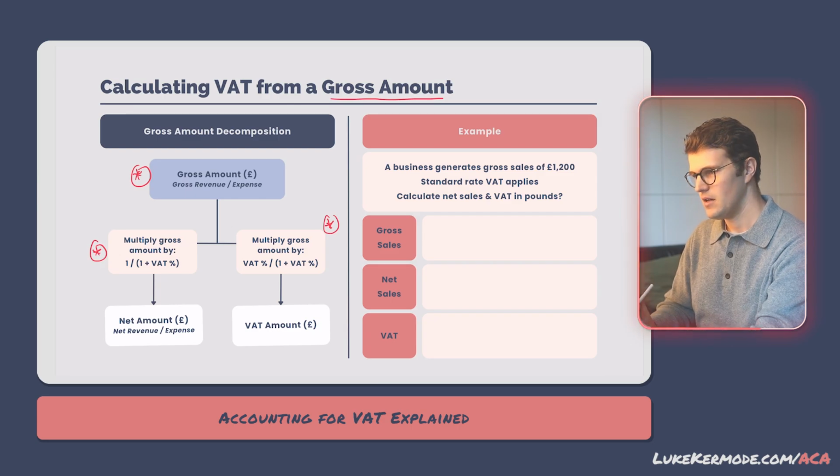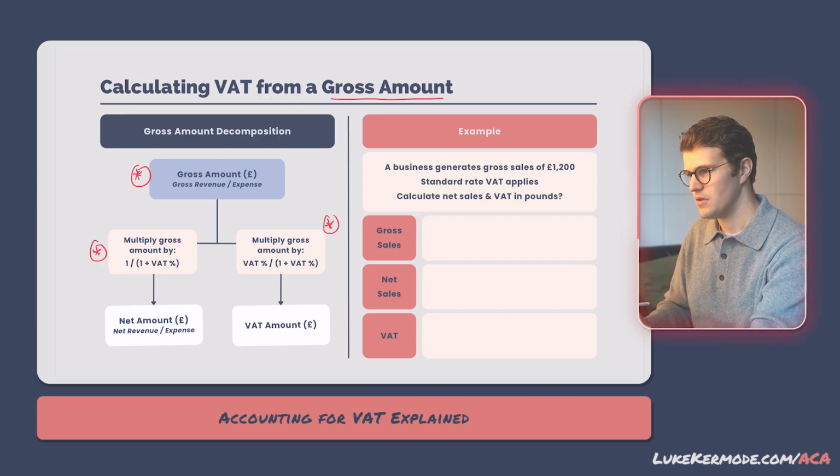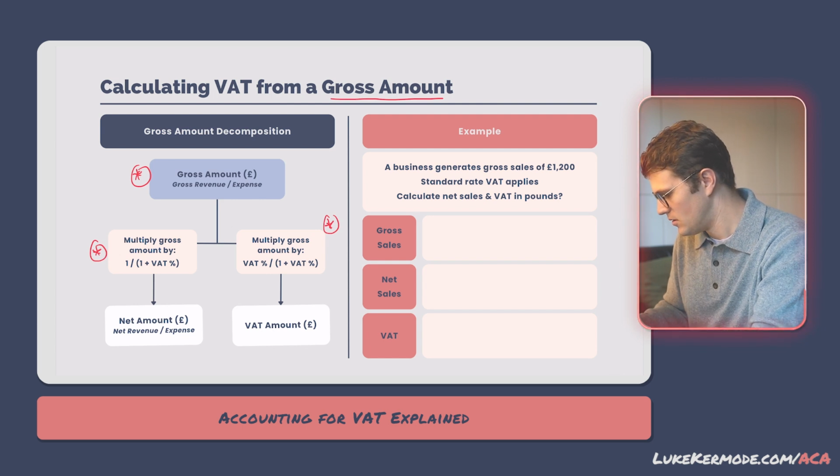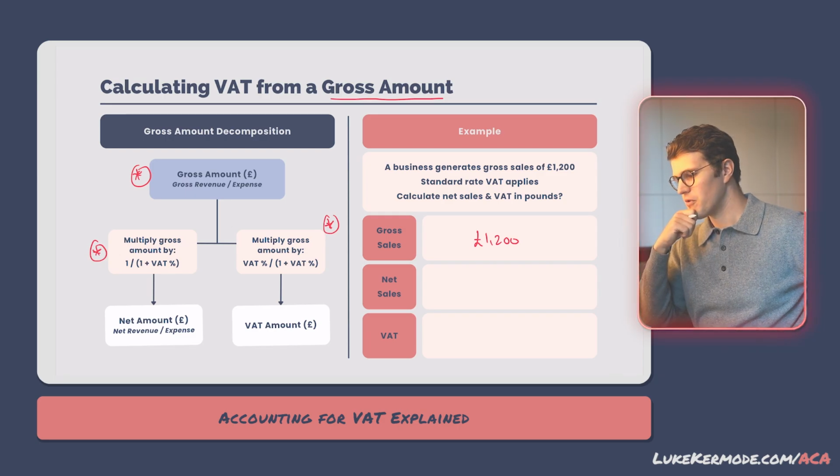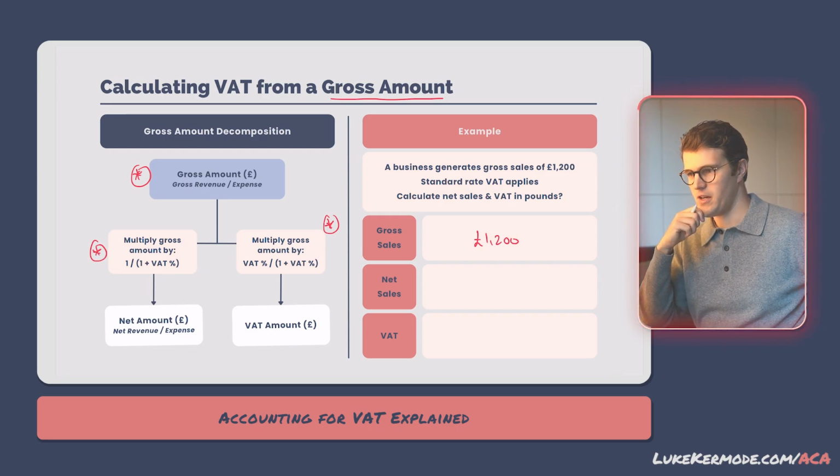So we're told that a business generates sales of £1,200, that's our gross sales amount, and we're also told that a standard VAT rate of 20% applies.